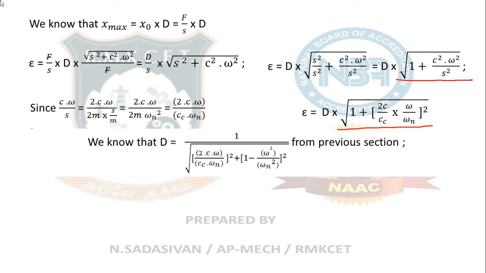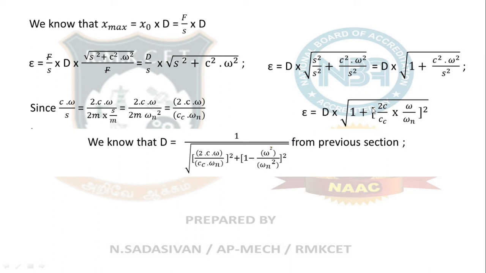So we know yesterday we have derived this dynamic magnifier. I have uploaded the video lecture, you go and see. So the formula for D is 1 by square root of 2c omega by Cc omega n whole square plus 1 minus omega square by omega n square, whole square. So you bring it and substitute here. What will happen? You will get this entire square root term in the denominator. The numerator will remain the same.